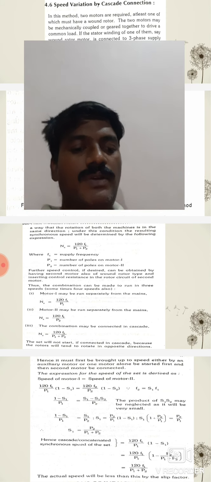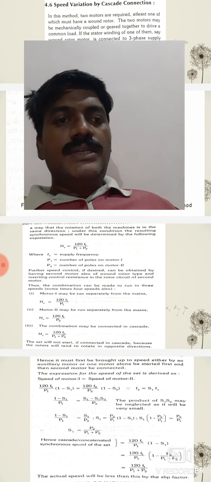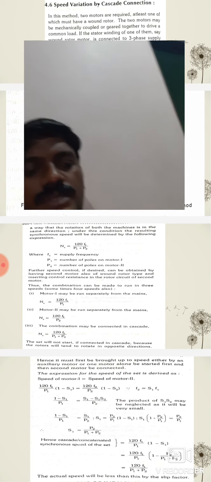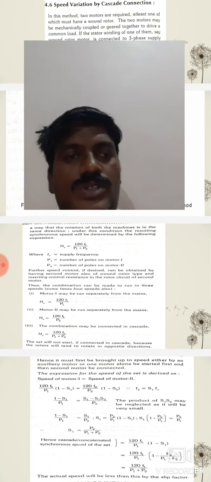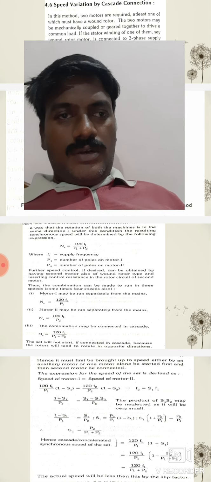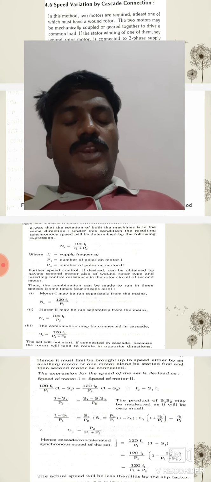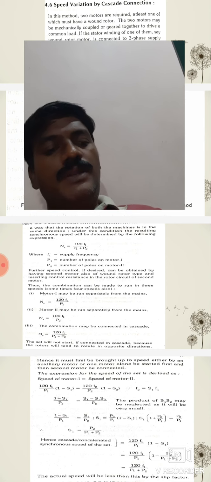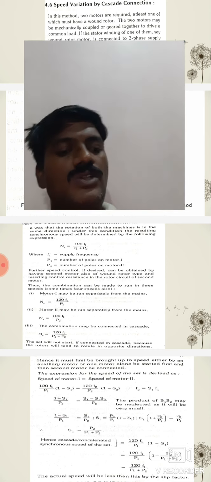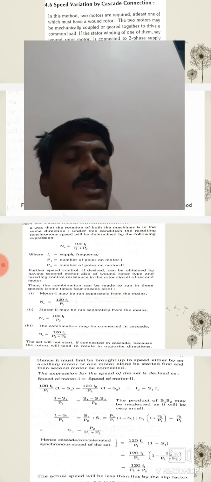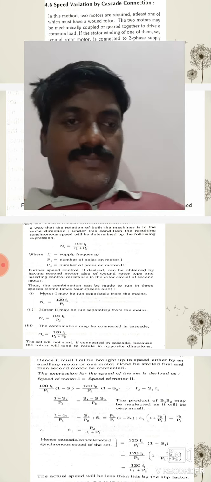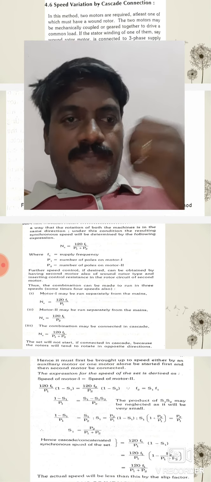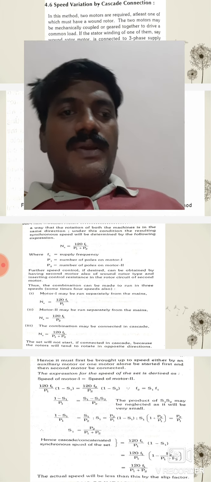So simply by changing the number of poles of the two motors, 120 f1 by p1 minus p2 is one speed, and 120 f1 by p1 plus p2 is another speed. In this method also, the actual speed will be less than the speed by the slip motor. Why? Because initially it is a 4 pole machine, with some speed. When it increases to 6 poles, speed decreases.